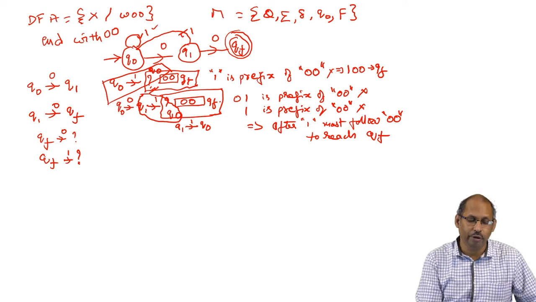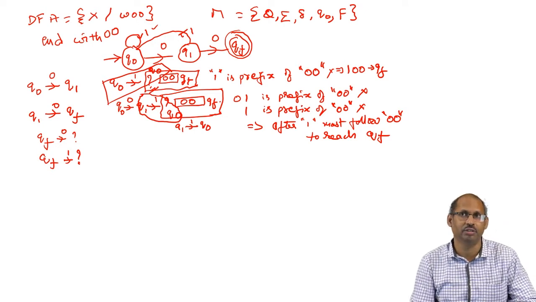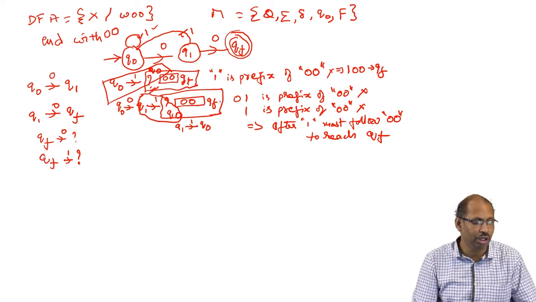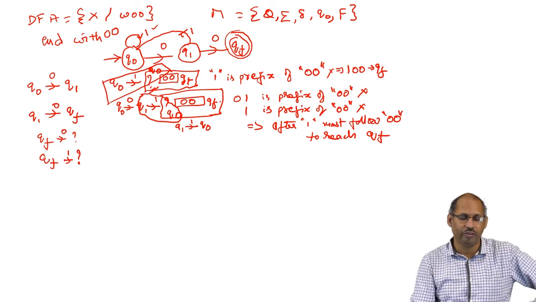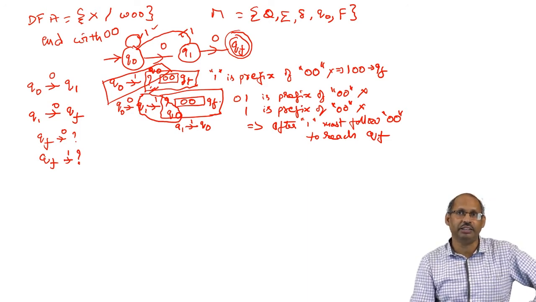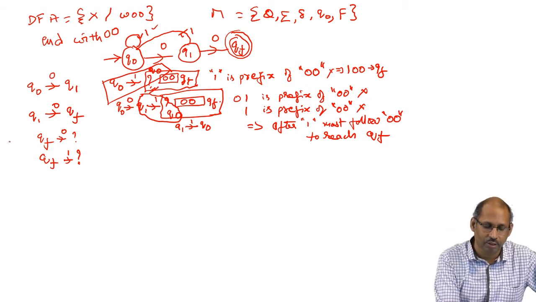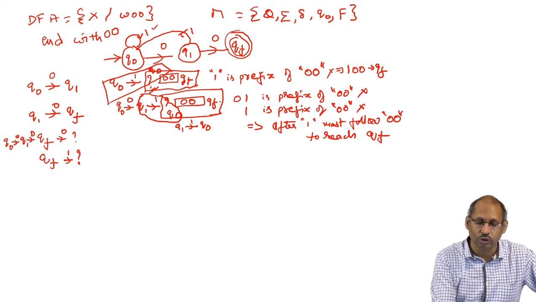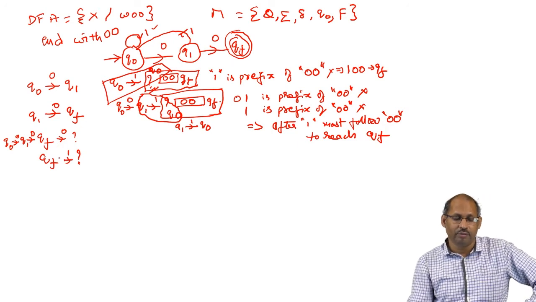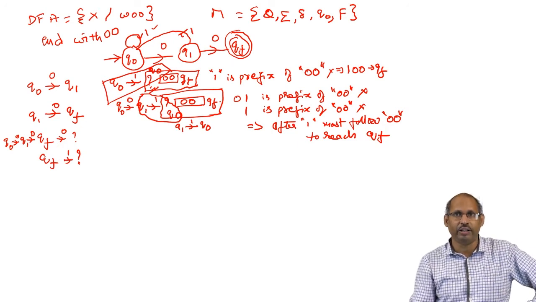Now, QF on 0 we have to find. How do we reach the final state? Q0 on 0 goes to Q1, Q1 on 0 goes to QF, and QF on 0 we have to find.